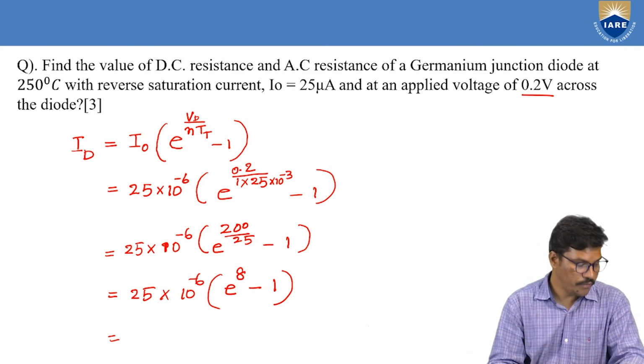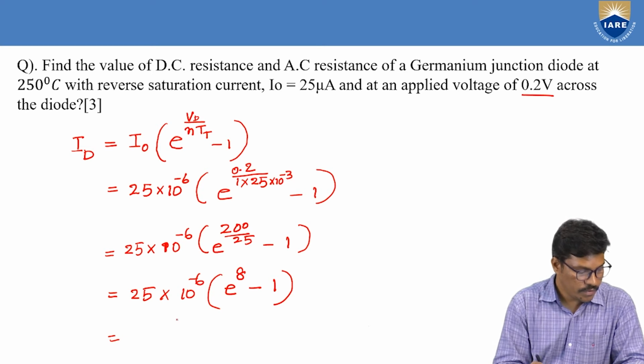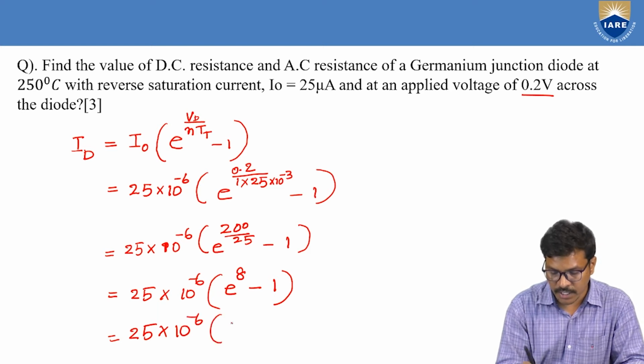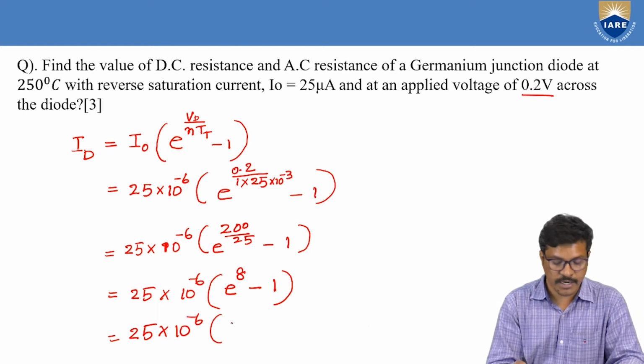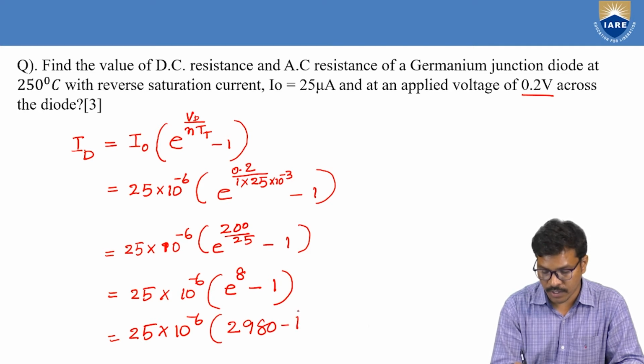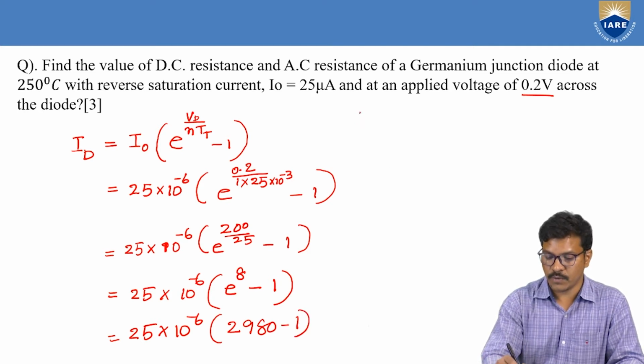So we will have 25 into 10 to the power of minus 6. The e power 8 value is approximately 2980, minus 1. So we will get 2980 minus 1.